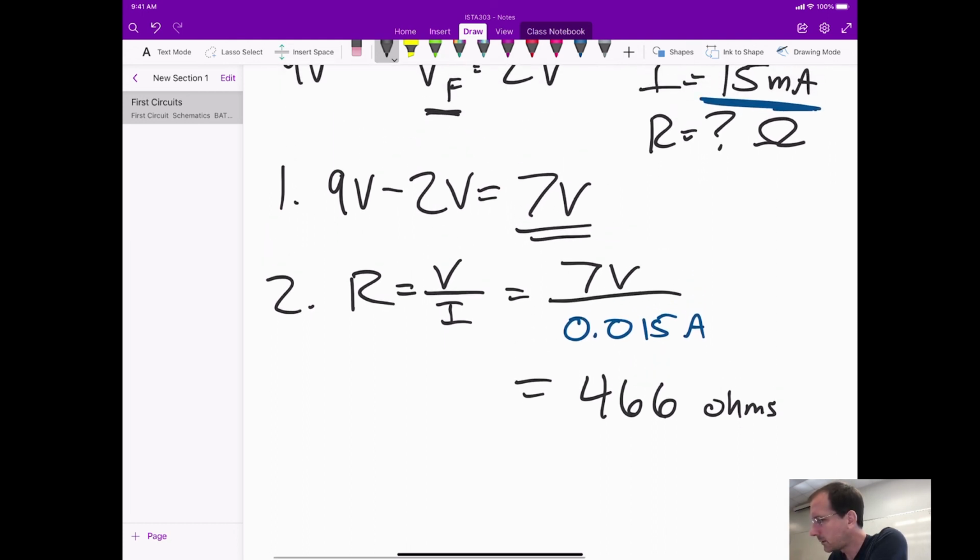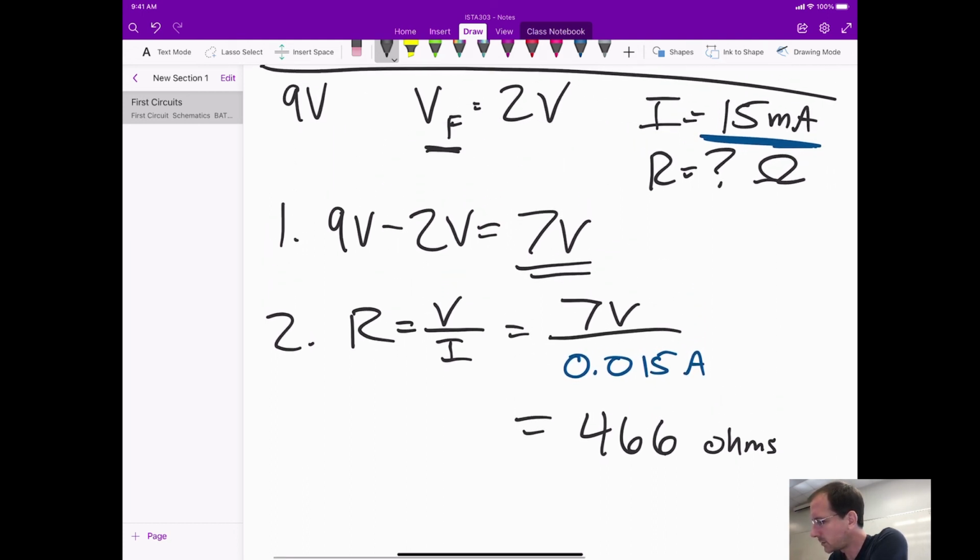A pragmatic note here is that in general they don't manufacture resistors of any value. At least that used to be the case. It seems like these days you can get almost anything. But there are standard values of resistors, and so usually you go up a little bit or down a little bit to a standard value.